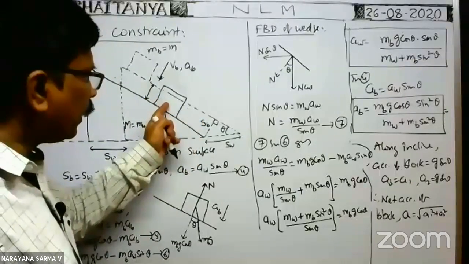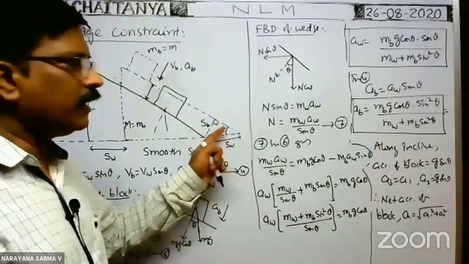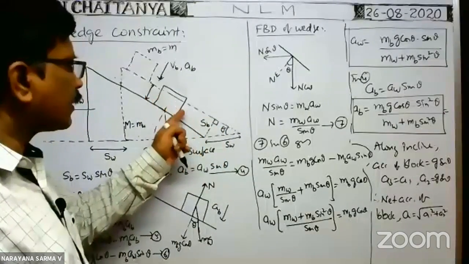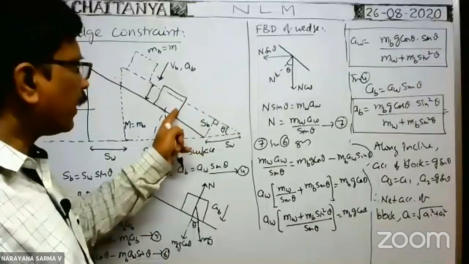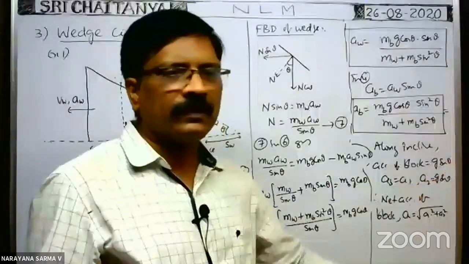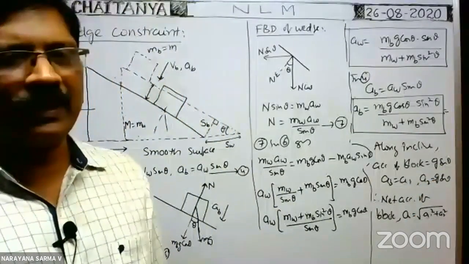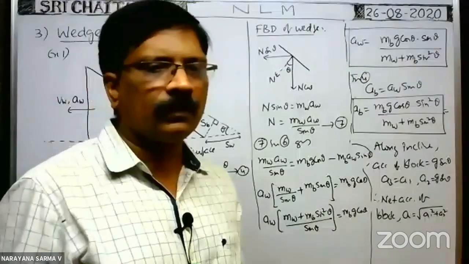Only the weight component mg sin theta acts along the inclined plane. That's why along the inclined plane, mg sin theta is equal to m into a. So m cancels, a is equal to g sin theta. That's why along the incline, acceleration is equal to g sin theta. Okay. Right.